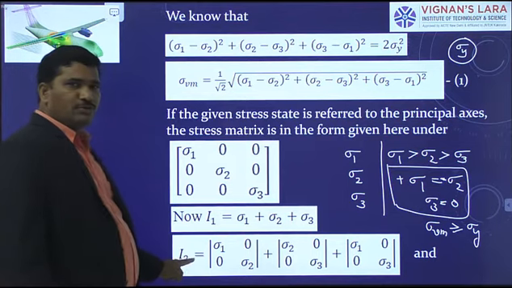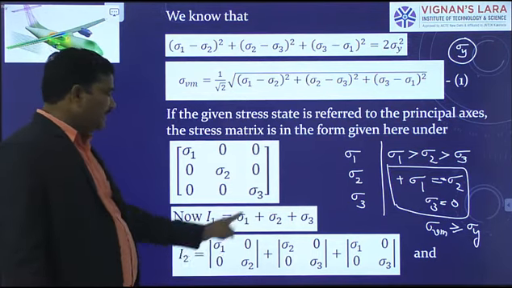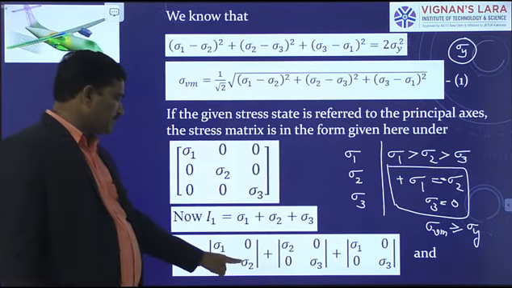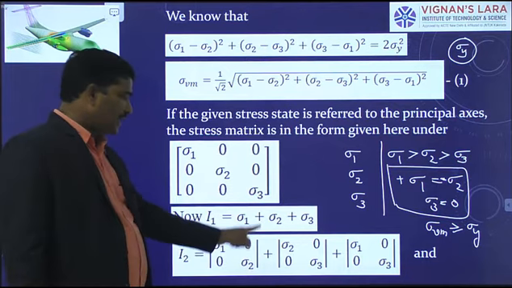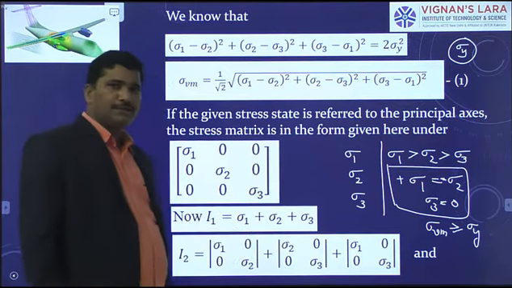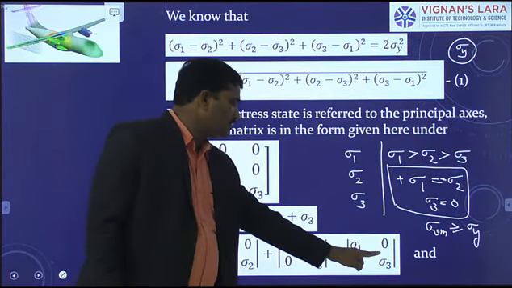Next, I2, the second stress invariant, equals the determinant of [sigma 1, 0; 0, sigma 2] plus the determinant of [sigma 2, 0; 0, sigma 3] plus the determinant of [sigma 1, 0; 0, sigma 3].